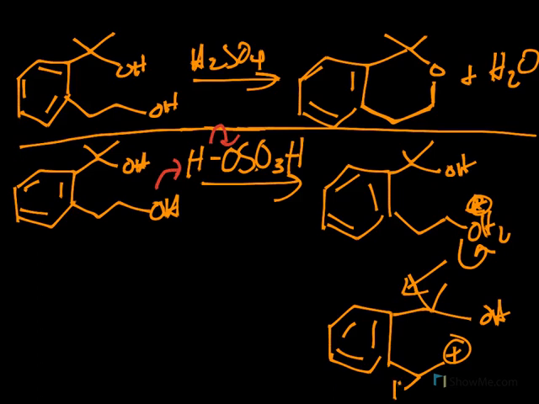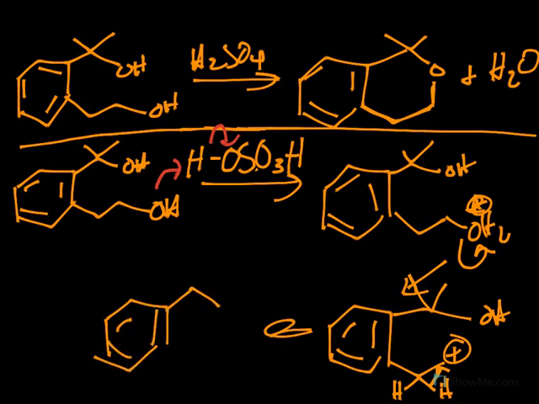If we do a hydride shift here, and shift one of these hydrogens over here, then we are going to get this lovely product over here, like so. And we're going to get a secondary carbocation.